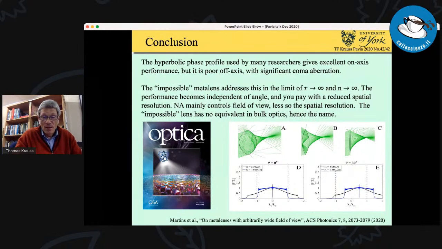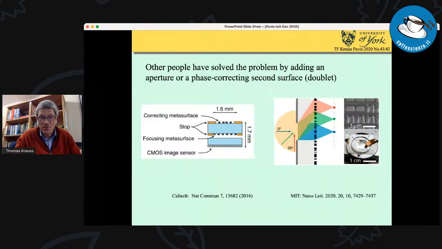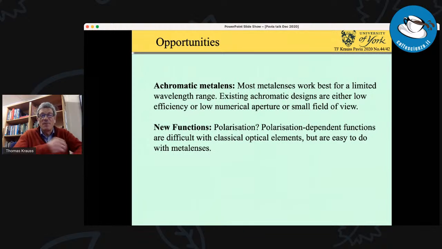Okay, I just have this slide again for opportunities for future research. I've just made the point about achromatic meta lenses. I think it needs some clever new designs where we can overcome this limit, where we can have both high numerical aperture, high field of view, and achromatic operation.